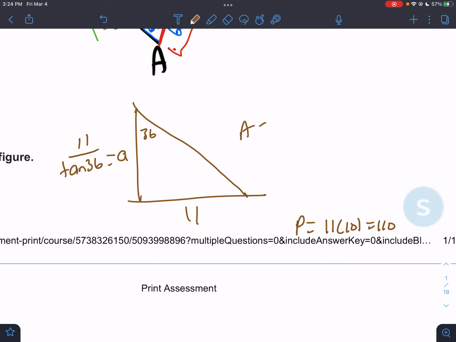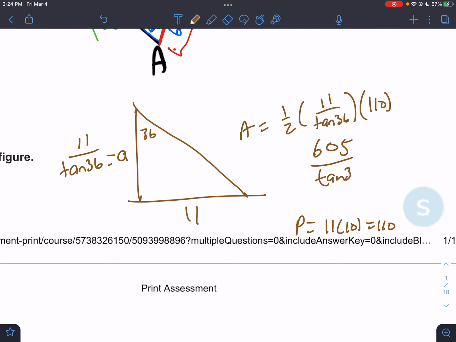So the area of the pentagon is 1/2 times the apothem times the perimeter. That would be 55 times 11 would be 550 plus 55 would be 605. I'm going to make sure I got that right. 55 times 11, 605. Over tan 36.